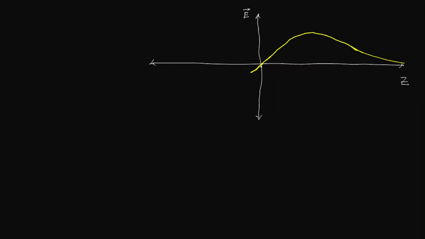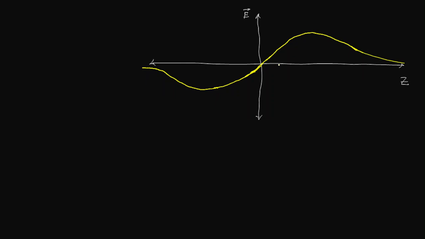Similarly, because of symmetry, on the other side the electric field will vary the same way, but since it is in the z cap direction, it will be minus z cap direction, so we have to draw it in the opposite direction. That's it. Okay. So this will be the electric field variation with respect to z.